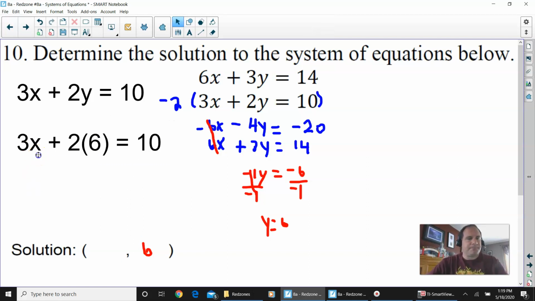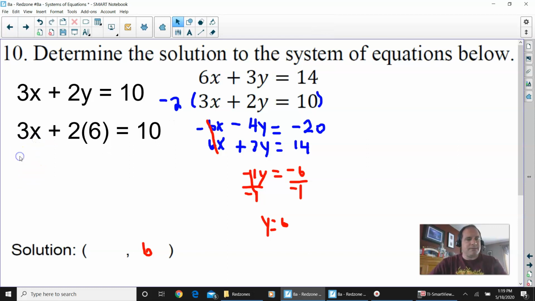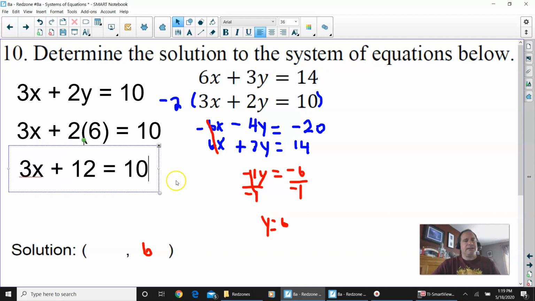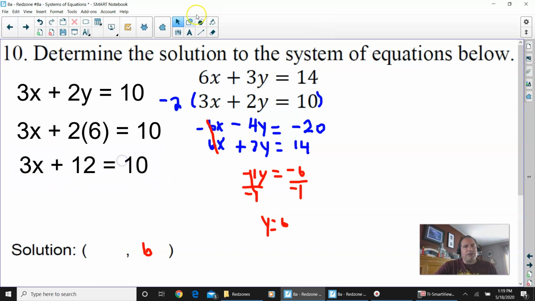Moving that up just a little bit, give me some space. 3x plus 12, because 2 times 6 is plus 12, equals 10. So we're going to do a little bit of work here, solving for x, which is pretty easy. You minus 12 on both sides, and then you get 3x equals negative 2.